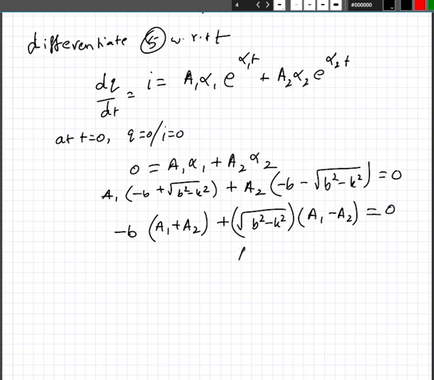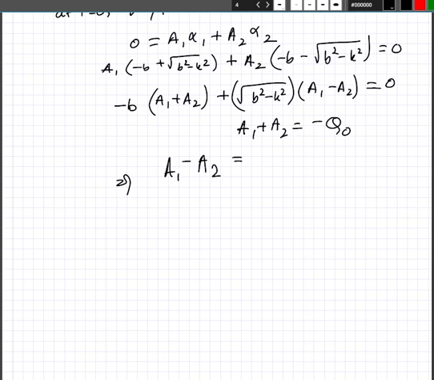And you know that a1 plus a2 is equal to minus q naught. So that implies a1 minus a2 is equal to b q naught by square root of b square minus k square.